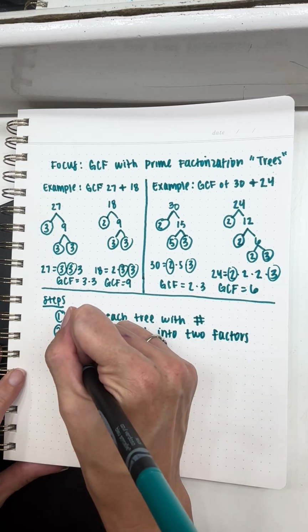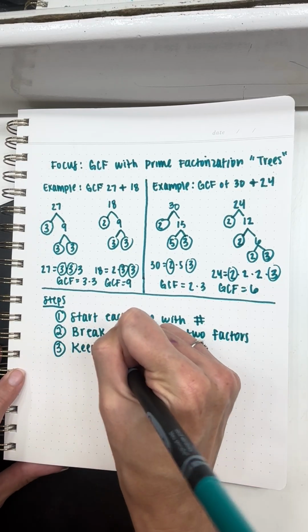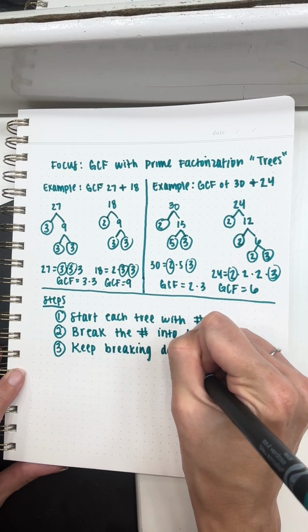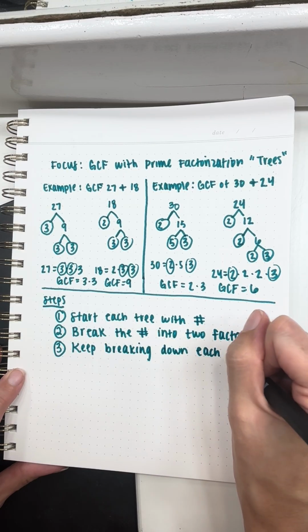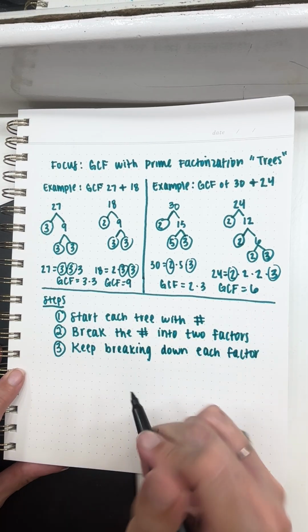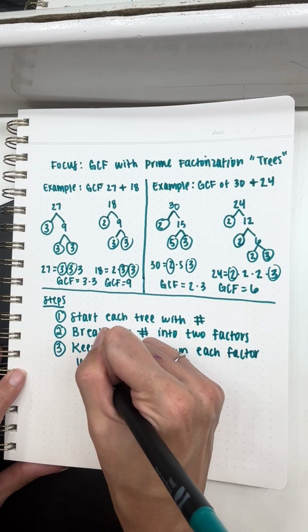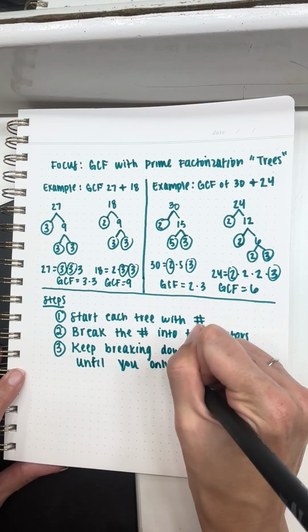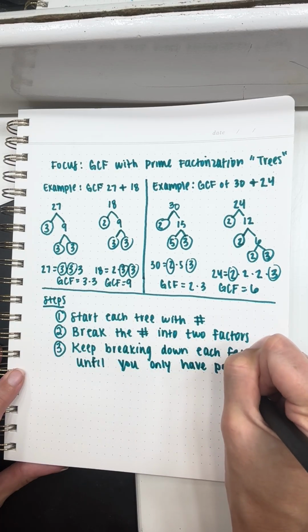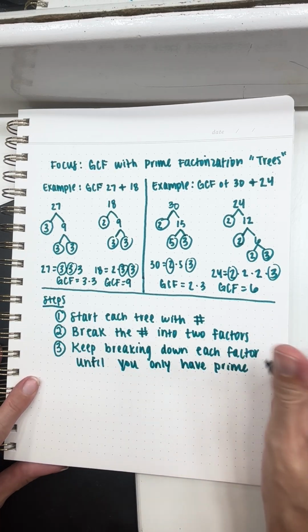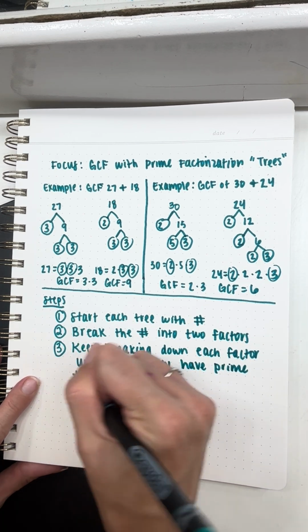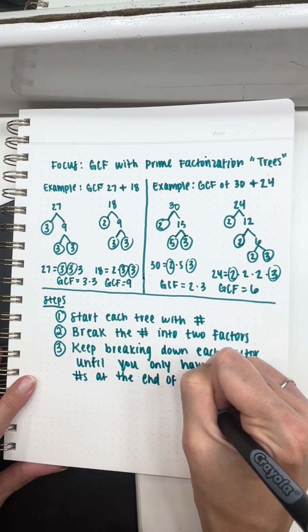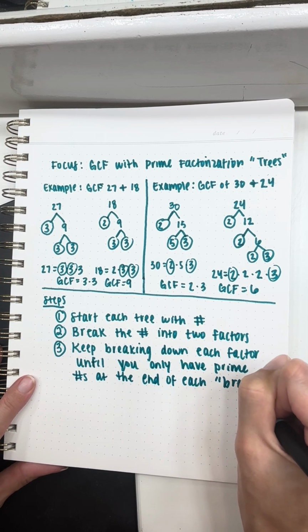Step 3, you're going to keep breaking down each factor until you only have prime numbers at the end of each branch.